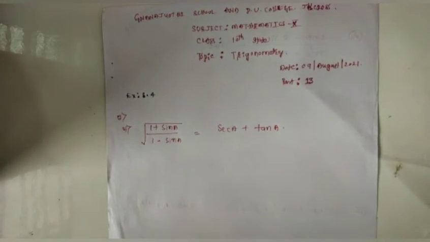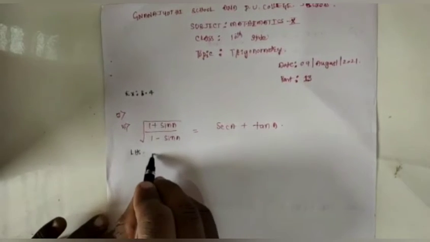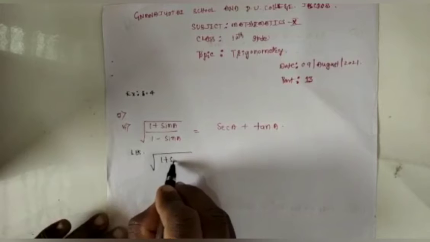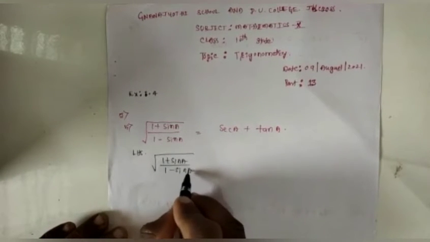Here we have a question: the square root of (1 plus sine a divided by 1 minus sine a), prove that it equals secant a plus tan a. I am going to consider LHS, which is the square root of (1 plus sine a divided by 1 minus sine a).